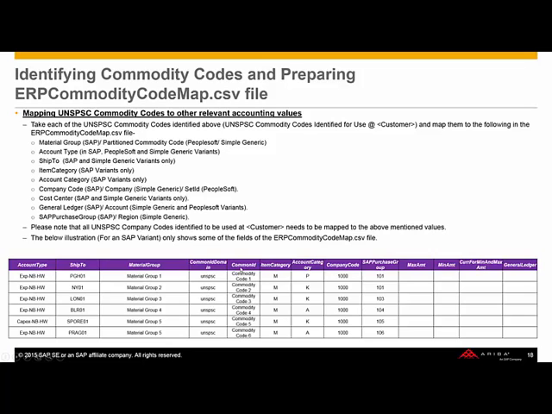So you can see that a commodity code, just by virtue of being defined in this file along with a mapping, can be used to default your accounting for you. Please remember that this is highly beneficial because this will allow for a smoother purchasing process and less human error.